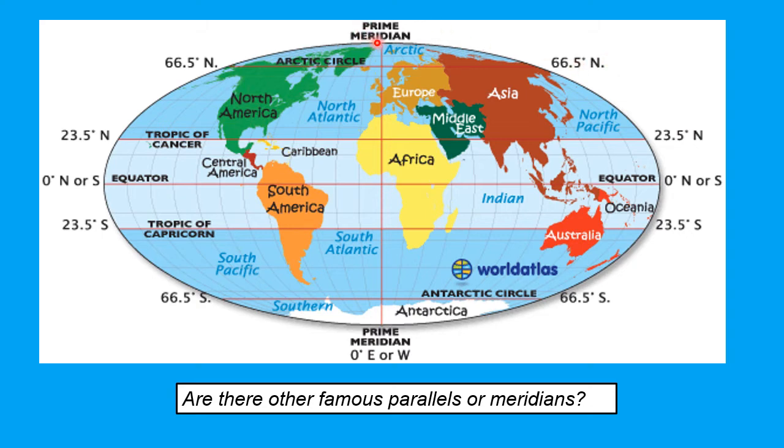All right, and then the two poles are very important parallels, although they're also points. And then the very important meridian is the prime meridian, which is internationally agreed upon.